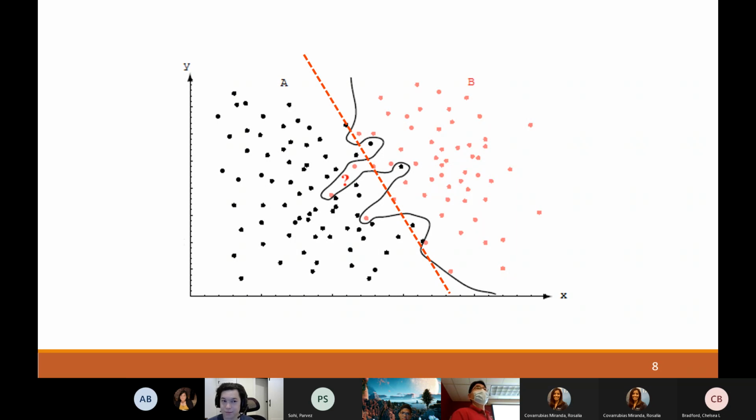I wouldn't trust that much because this line is, as of currently, exactly overfitted. It makes a curve just to get these points right.